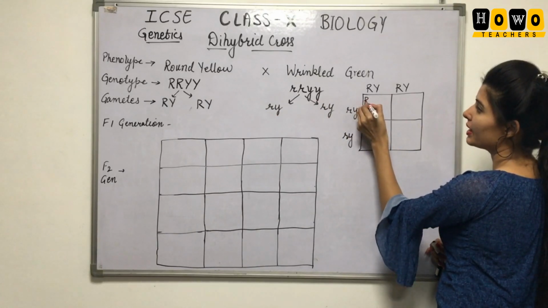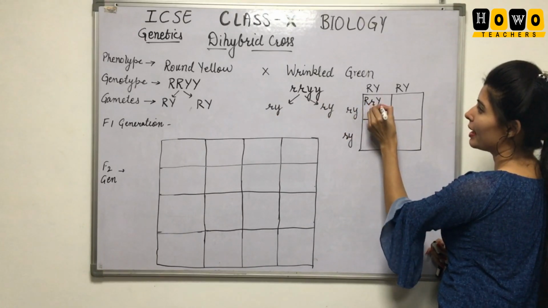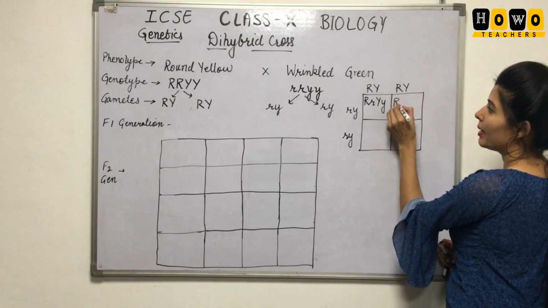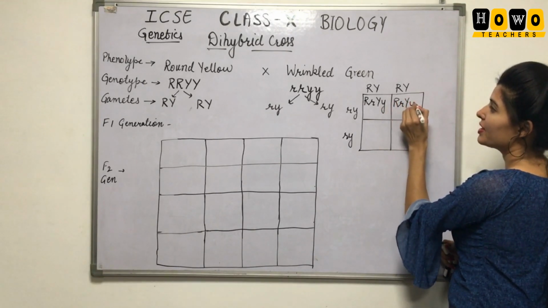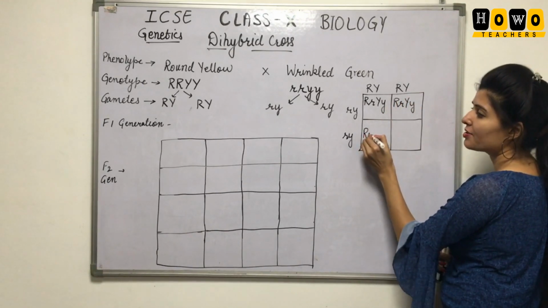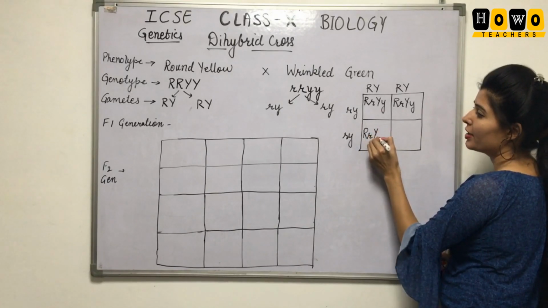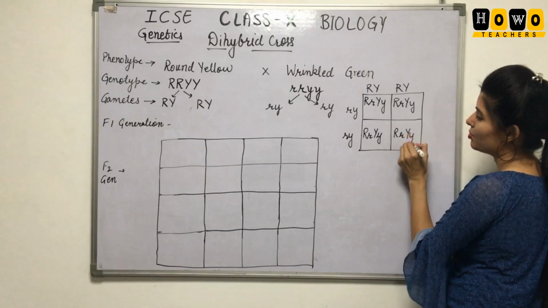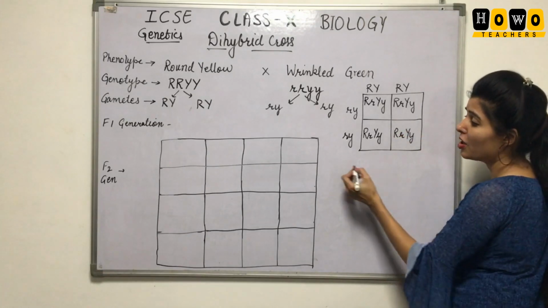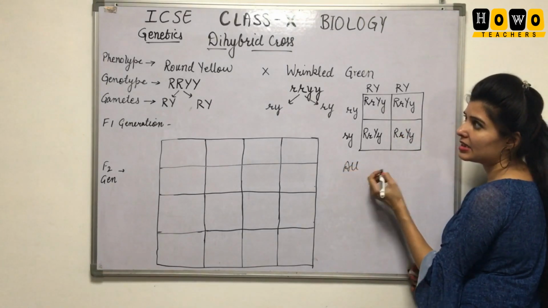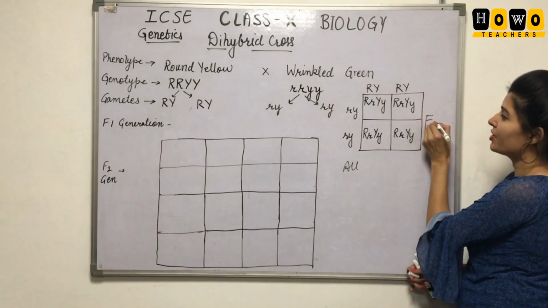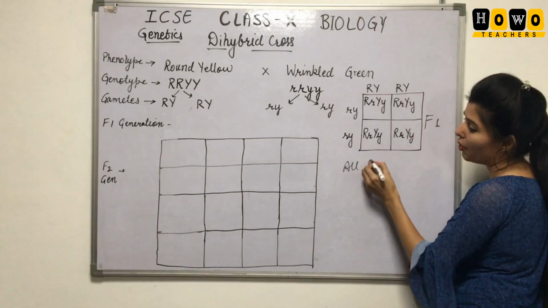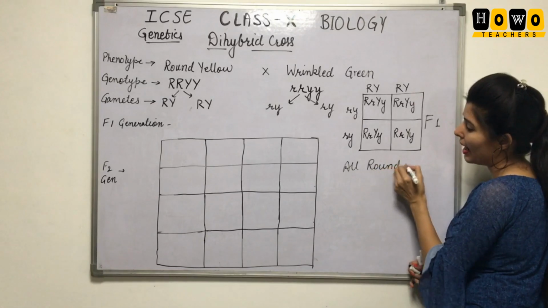What will be the resultant? Capital R, capital Y, small y, capital R, capital Y, small y, capital R, capital Y, small y, capital R, capital Y, small y. So you can see here all seeds that are formed in F1 generation are round and yellow.